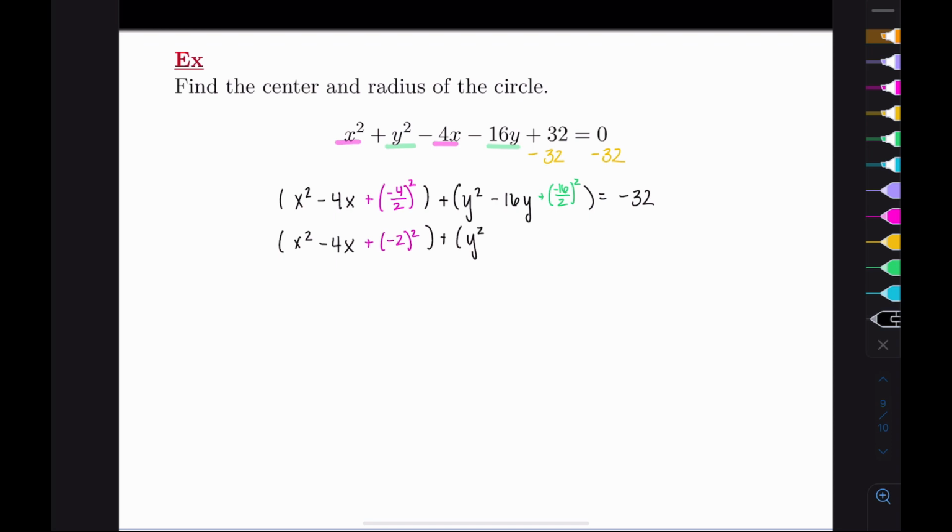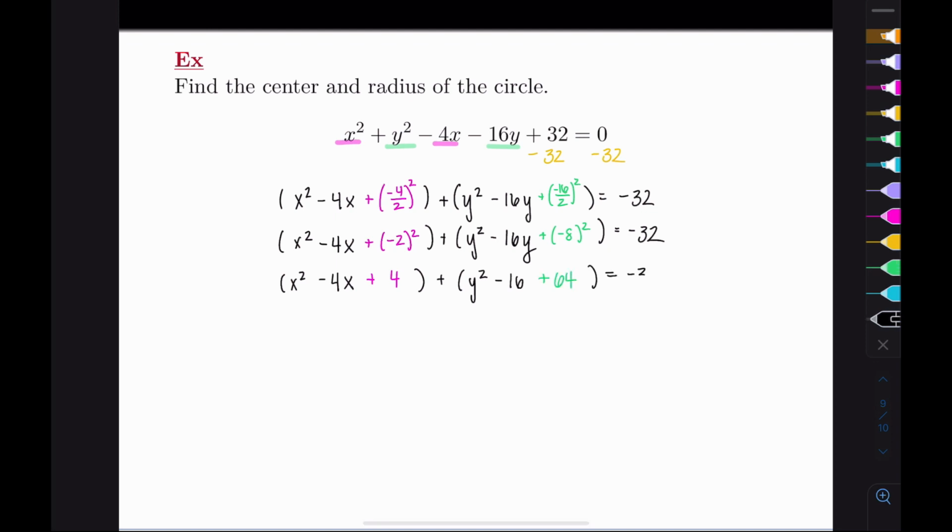And then y squared minus 16y, and that will be plus negative 8 squared. One last step before we can balance this: this would be plus 4 on the inside, and here, this would be plus 64.